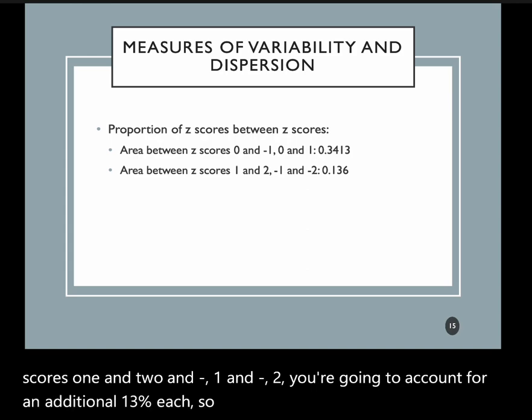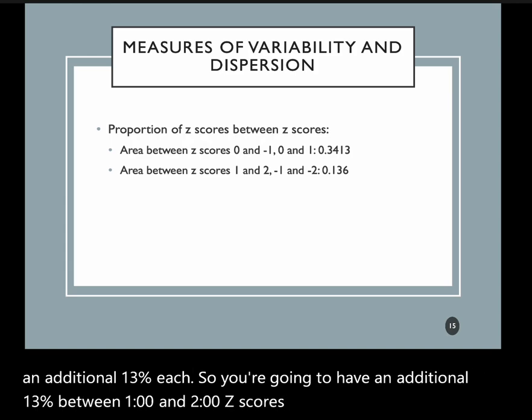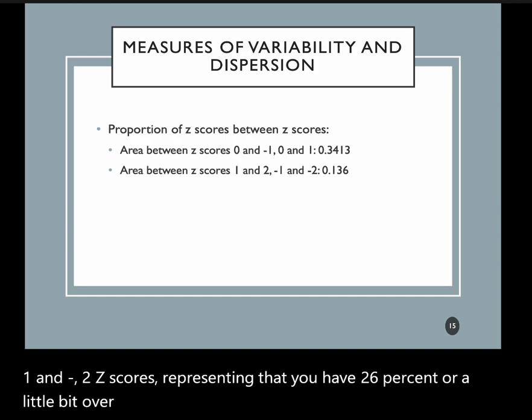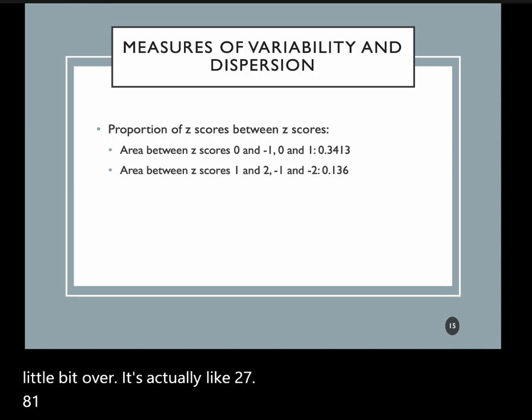So you're going to have an additional 13% between 1 and 2 z-scores, and another 13% between -1 and -2 z-scores, representing that you have 26%, or a little bit over, it's actually like 27.1% of your scores that are going to fall within that range.